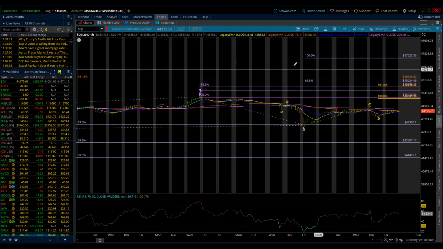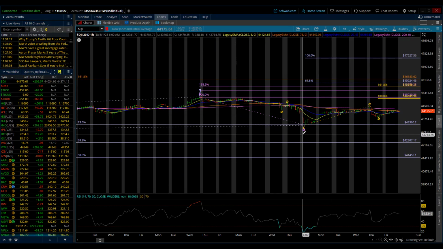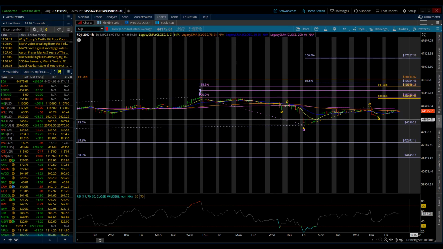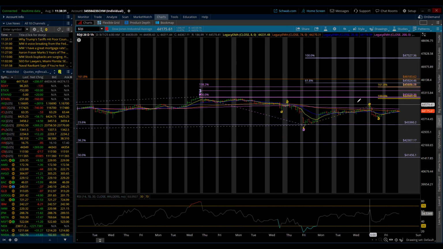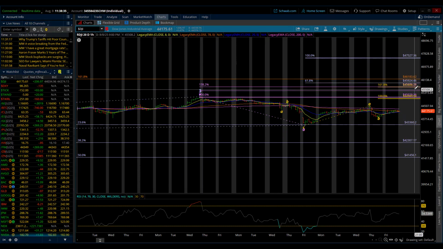So if indeed this fourth wave ends up here, what's going to tell us is that we do a run and we break above 1.382, we break above 45,670. And we could do that in a third wave.